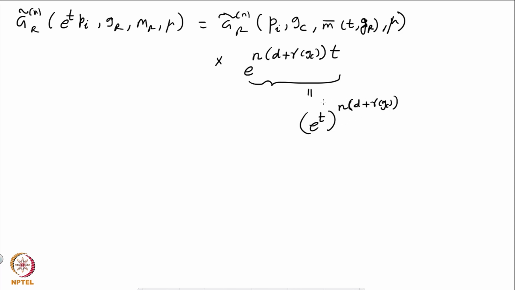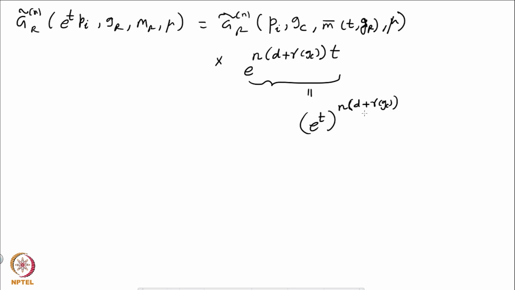Now because you are close to a fixed point, because t is going to infinity, that canonical dimension is replaced by d plus gamma gc, the anomalous dimension at gc, at the fixed point. So that's the behavior you have. This looks very much like a free theory, except that you have to modify the dimension and replace the canonical dimension by the canonical dimension plus the anomalous dimension. That is how it behaves.